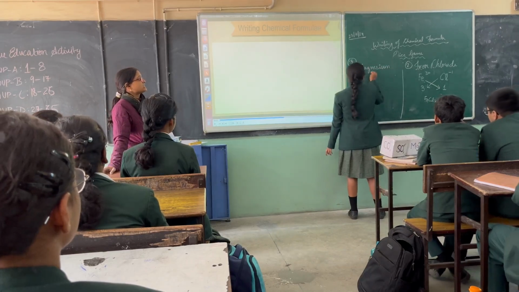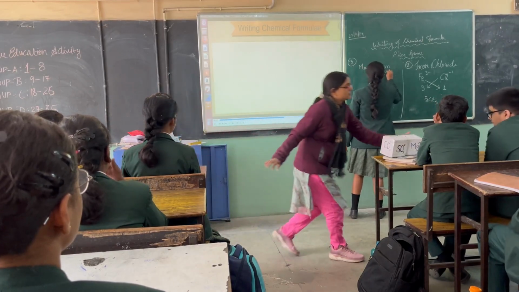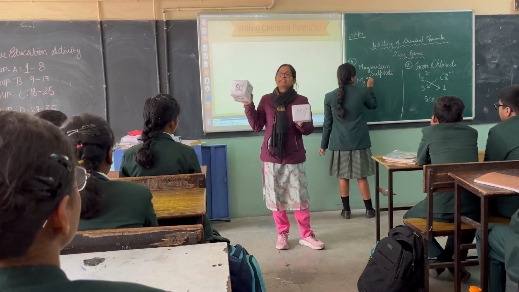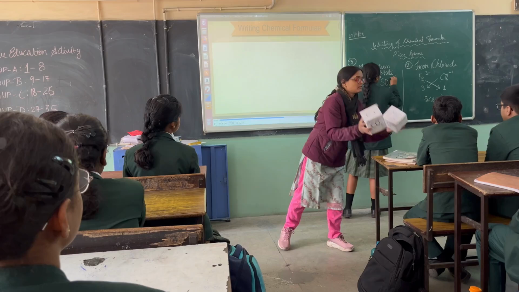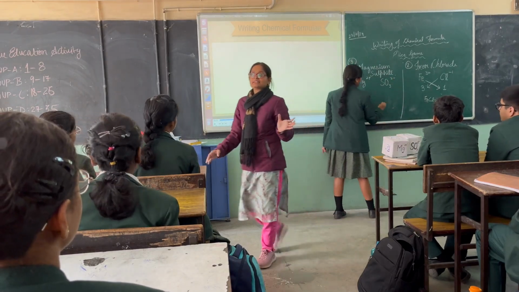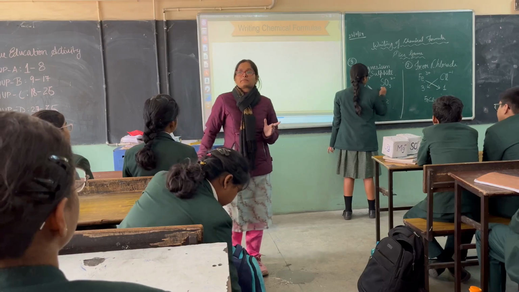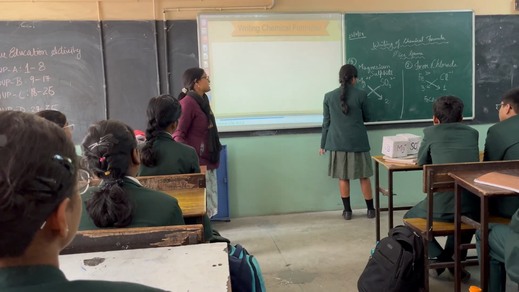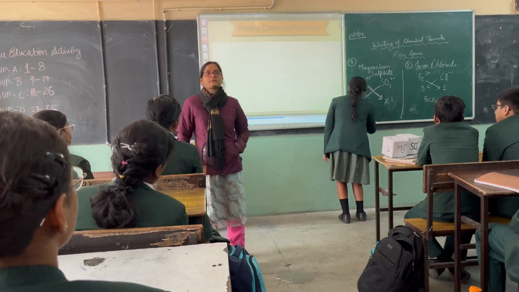Symbol of magnesium? Mg2+. And sulfide, SO3, charge 2 minus. So again here there is a common valency, isn't it? 2 and 2. Can we cancel these two? Yes, ma'am. So now the formula of magnesium sulfide is MgSO3.